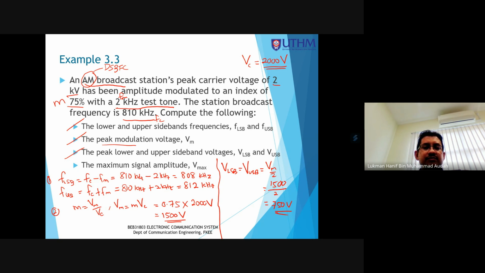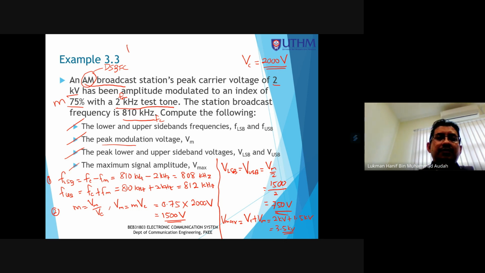And then what? The maximum signal amplitude, Vmax. So Vmax is equal to Vc plus Vm. So this is 2 kilovolt plus 1.5 kilovolt. So you get 3.5 kilovolt. What about Vmin?